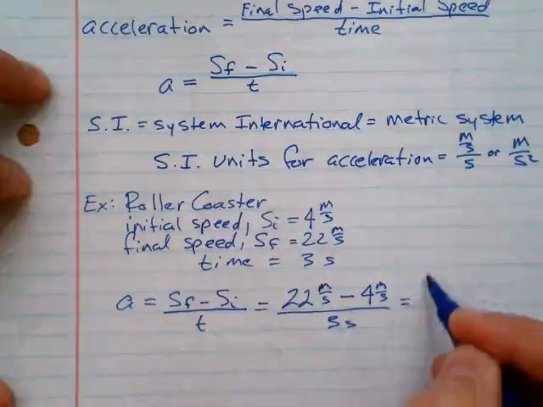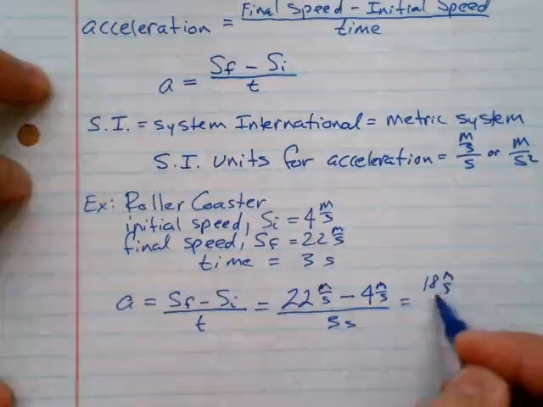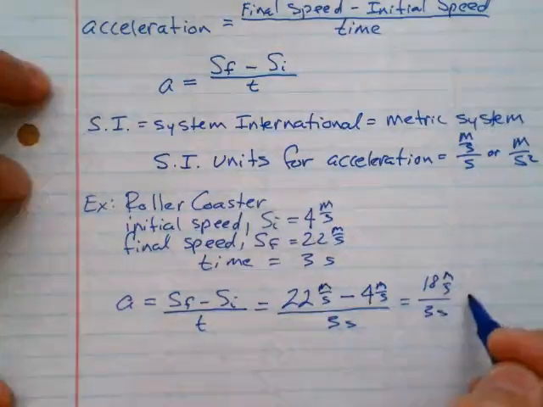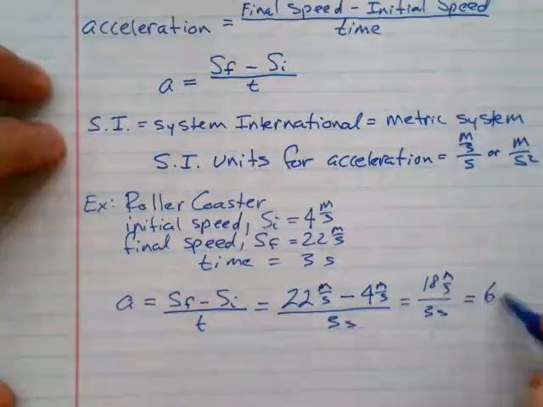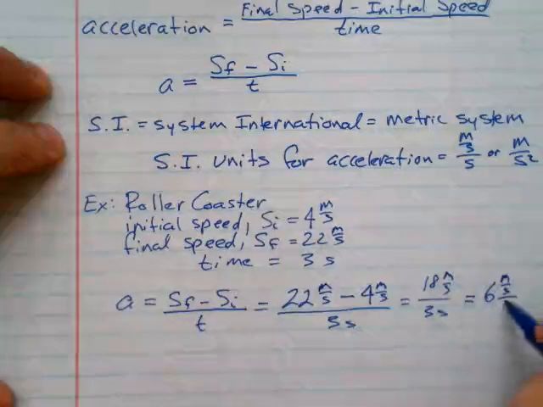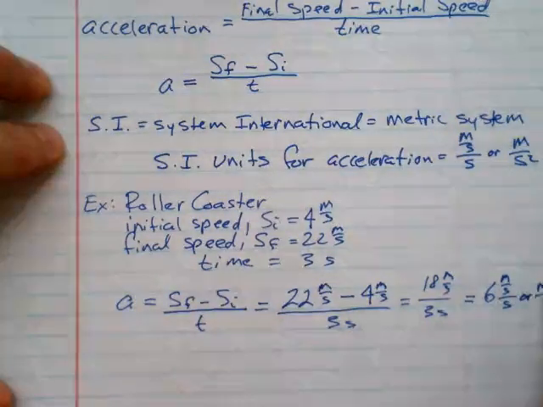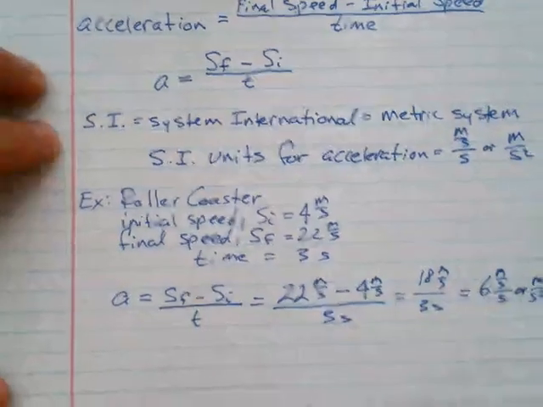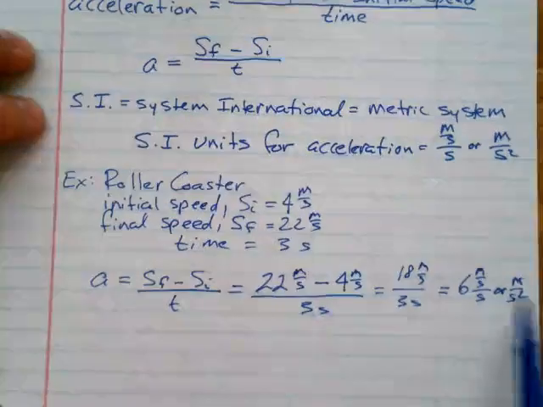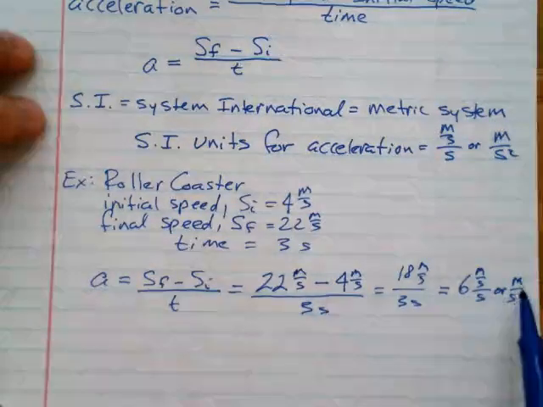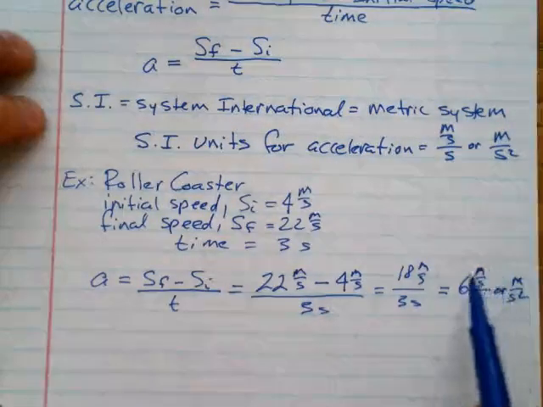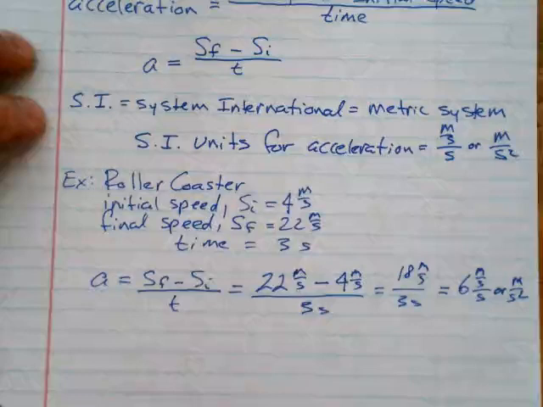That equals 18 meters per second divided by 3 seconds, and when we do the math, that is 6 meters per second squared. When you write that for me, you don't have to write both meters per second and meters per second squared. I just want to show you what it looks like.